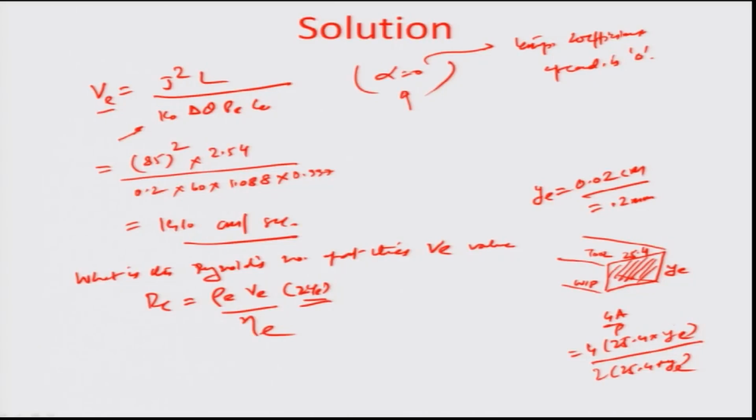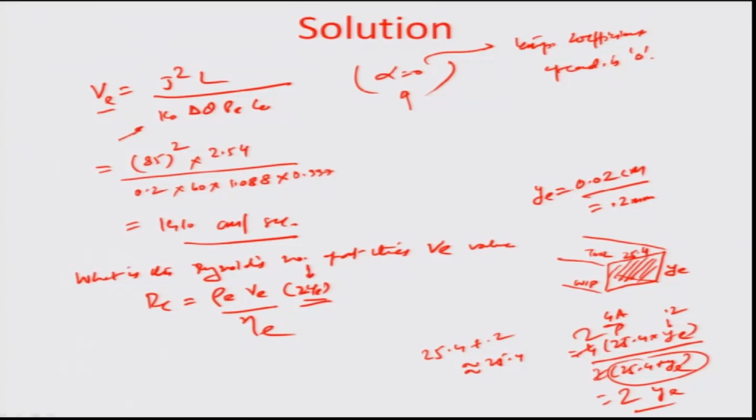So if I put 0.2 mm here, you can approximate this as twice ye, because 25.4 plus 0.2 is more or less similar to 25.4, and so you are left with only 2 ye.